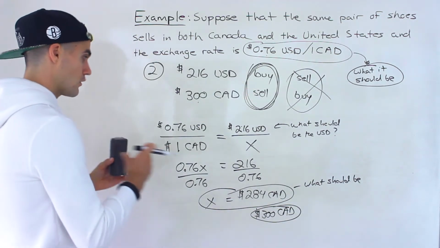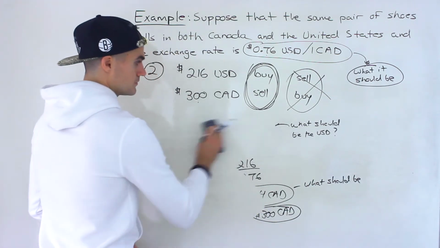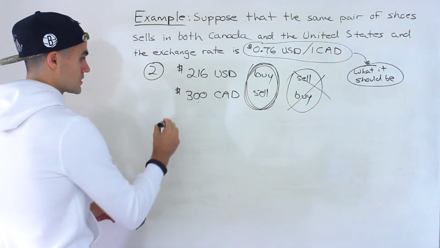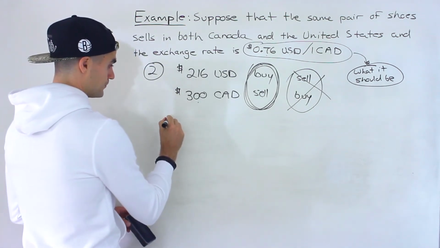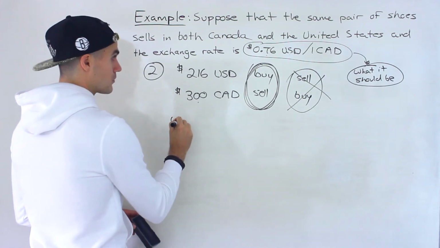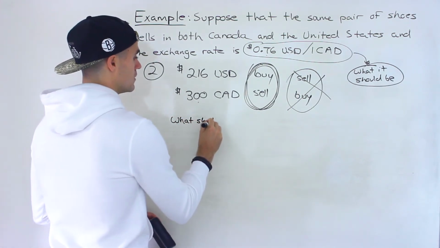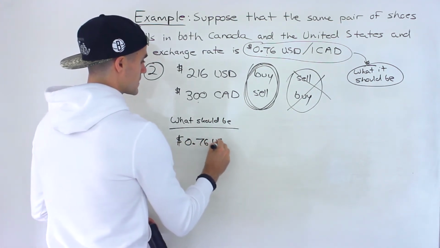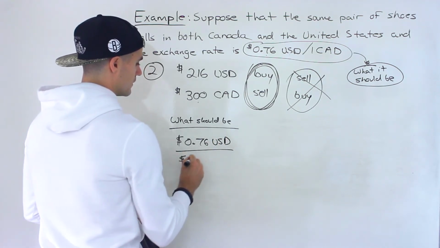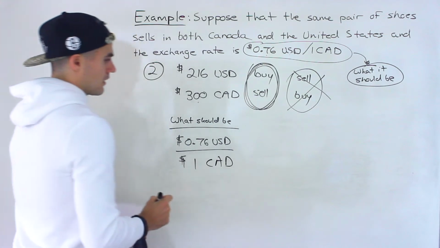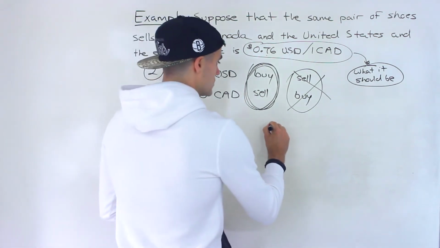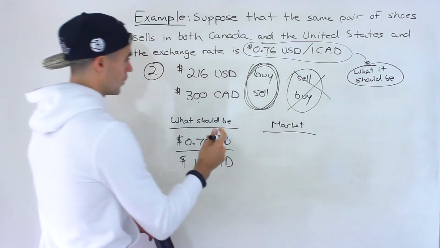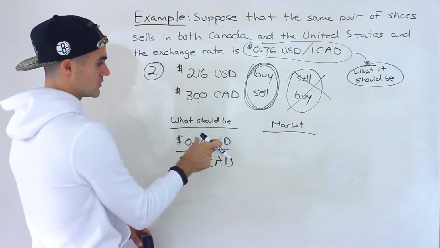Another way to come up with the conclusion, this is actually a common way that is shown in books, is you could take the exchange rate. So remember, the exchange rate is what should be, and that's 0.76 USD per $1 CAD. And what we can do is see in the market what's the exchange rate there between these two values.